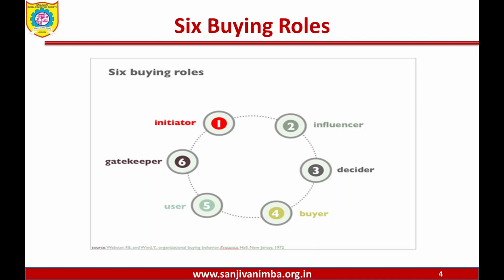There are 6 buying roles. The first role is initiator. Those who initiate generally first, as the product has been launched and some consumers take the initiative to buy that product, are called initiators. Then those who influence the buying decision process are called influencers. Sometimes your friends take the initiative and your family influences, but you are the decider who takes the decision to buy the product.